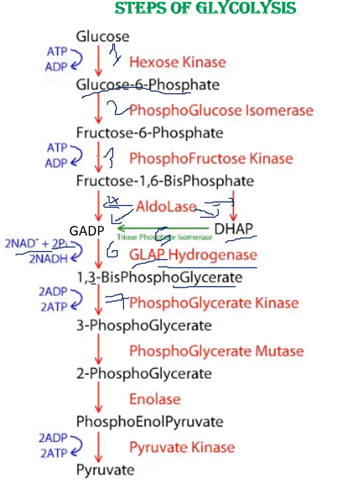Since each of the 2 GADP molecules will make 1 ATP, that is a total of 2 ATPs, for half the total payoff of glycolysis.